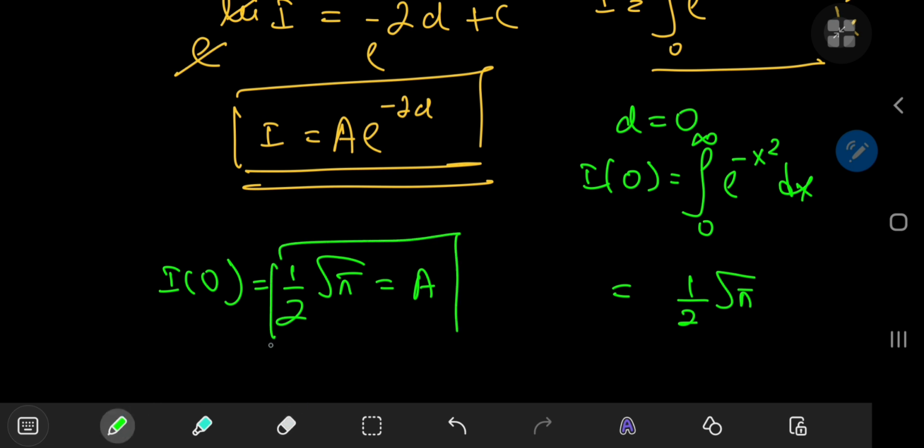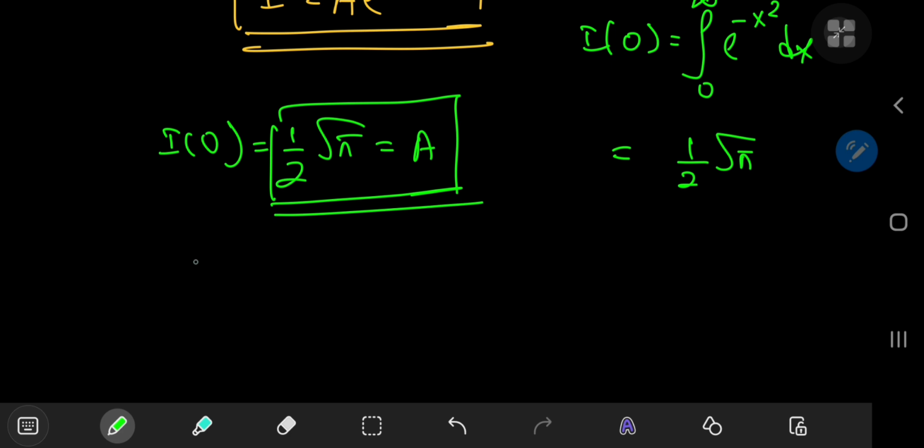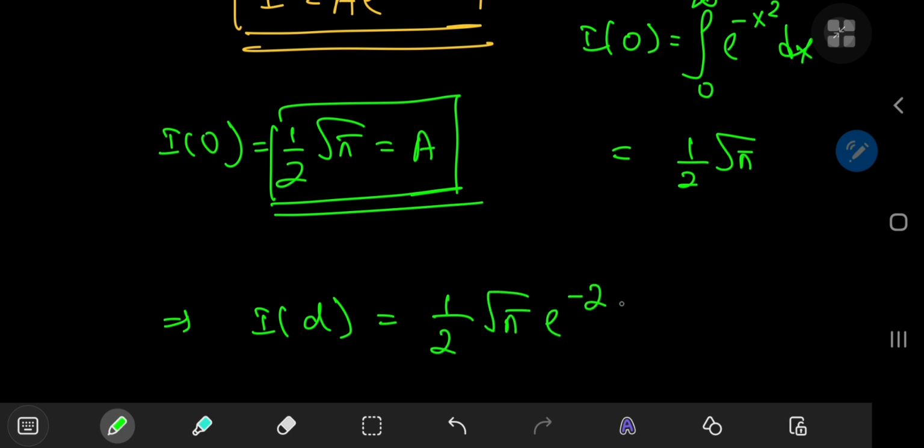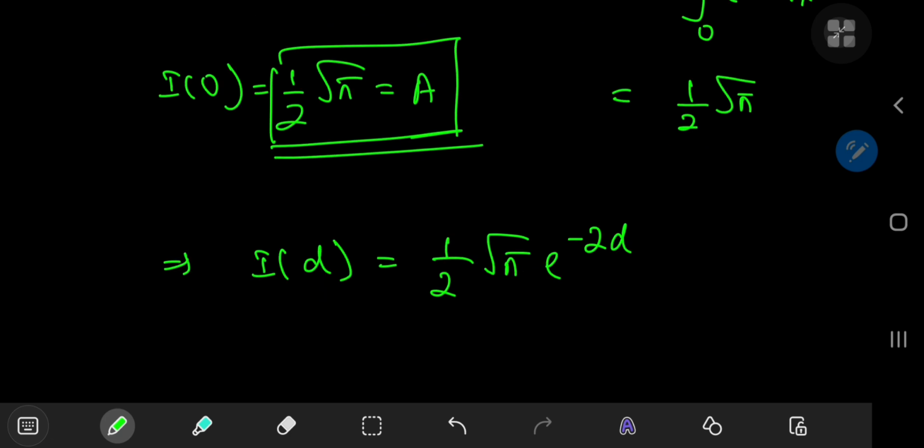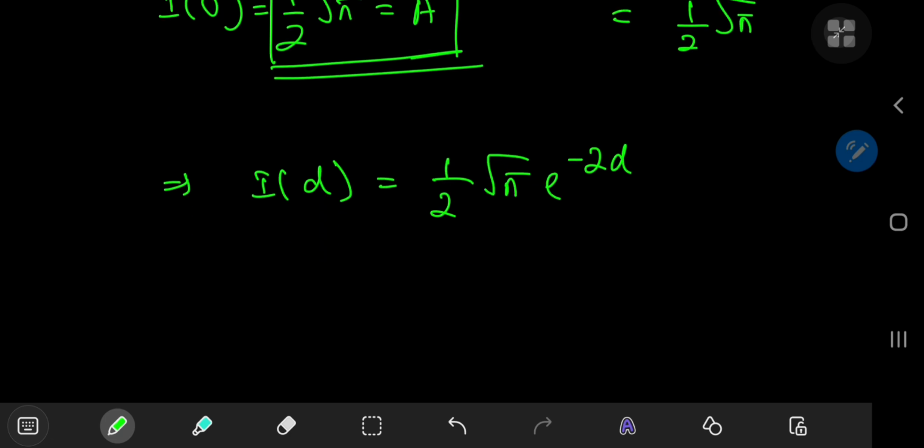So there you go. That's your constant a. So this implies that I of alpha equals 1/2 the square root of pi times e to the negative 2 alpha.